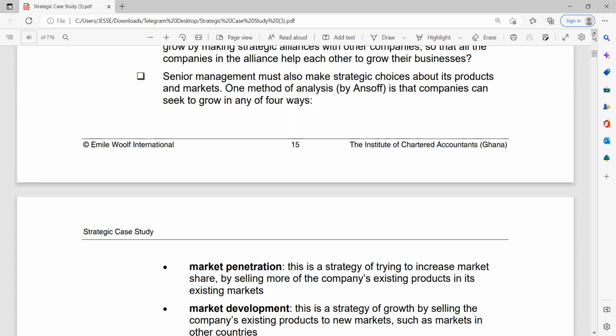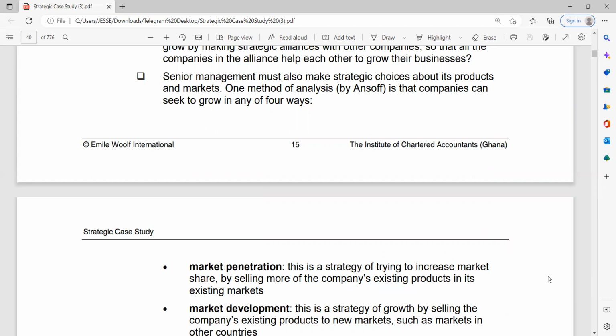Senior management must make strategic choices about its products and markets. One method of analysis is called ANSOF, named after the person who created this analysis.